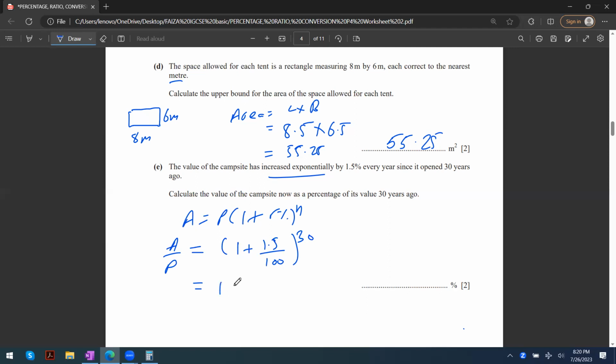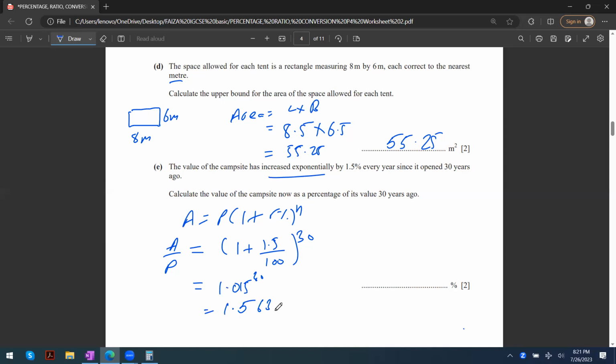It is 1.015 raised to power 30, so that is 1.563, let's say to 3 decimal places. This is the ratio. A over P is 1.563.